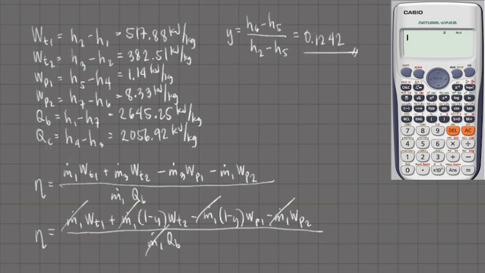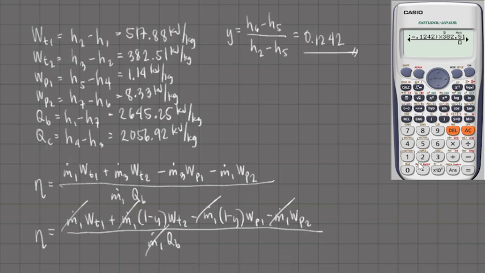Let's directly substitute. In our numerator, that is WT1 517.88 plus 1 minus Y, 1 minus 0.1242 times WT2 382.51 minus 1 minus Y, 1 minus 0.1242 times WP1 1.14 minus WP2 8.33.